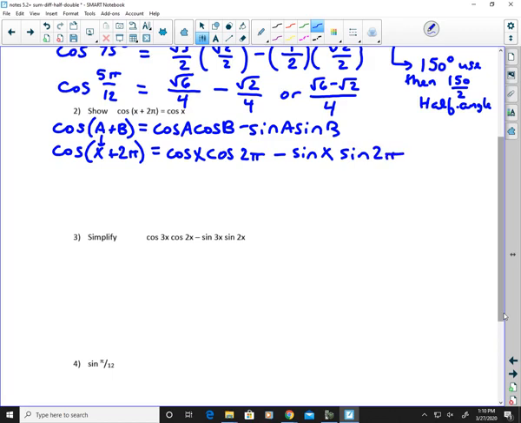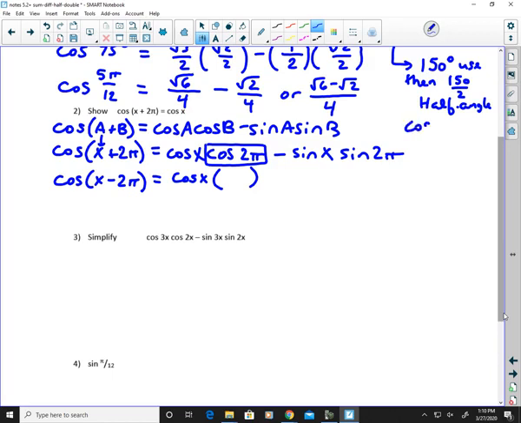Now I'm going to continue my simplifying. I cannot combine any like terms in this situation, but cosine x. Cosine of 2 pi, if I think about what that would be as a ratio, cosine of 2 pi would be the same as cosine of 0.